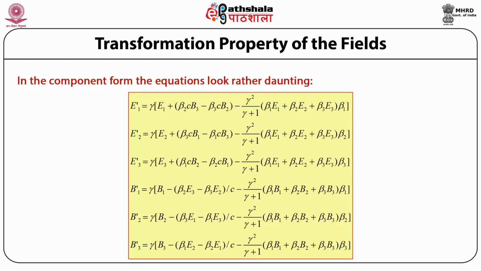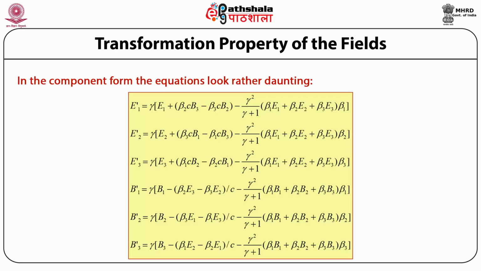B prime subscript 2 is equal to gamma times whole bracket open B subscript 2 minus within brackets beta subscript 3 E subscript 1 minus beta subscript 1 E subscript 3 whole by C, minus gamma square upon gamma plus 1 within brackets beta subscript 1 B subscript 1 plus beta subscript 2 B subscript 2 plus beta subscript 3 times B subscript 3 whole times beta subscript 2 whole bracket close.